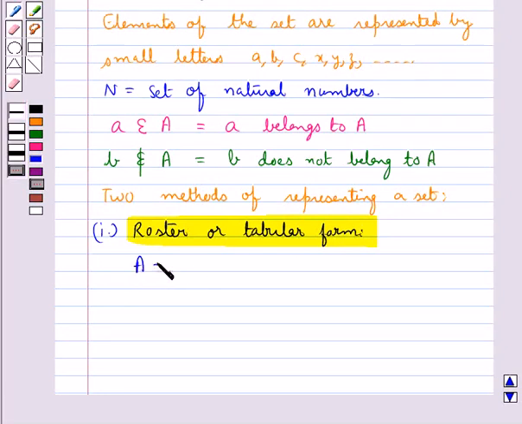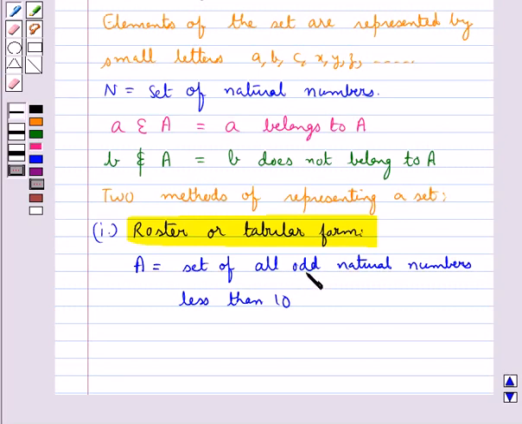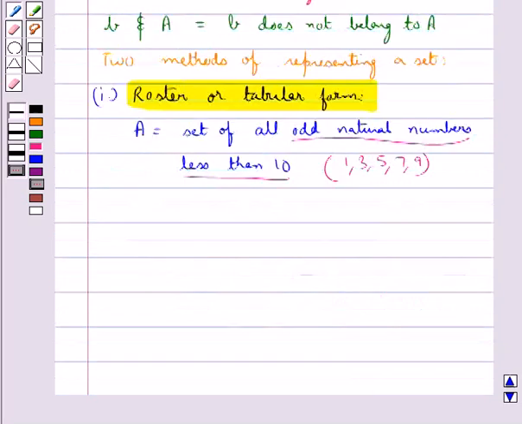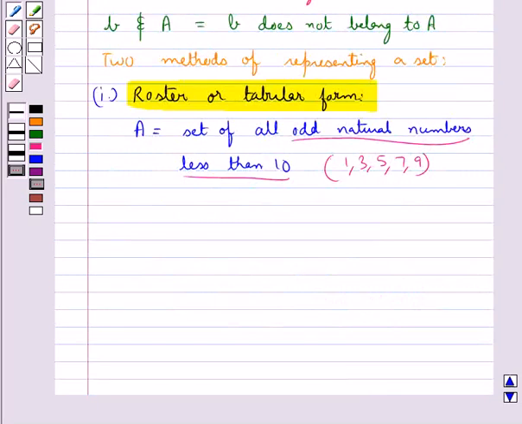Consider a set A, which is the set of all odd natural numbers less than 10. We know that odd natural numbers less than 10 are given by 1, 3, 5, 7, 9. So in the roster or tabular form, the set A is written in this form.